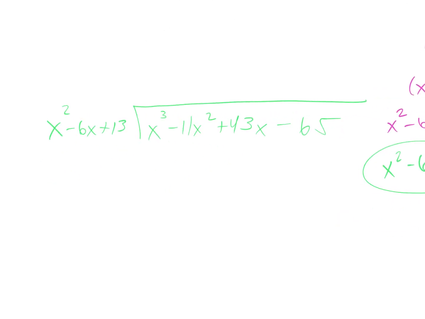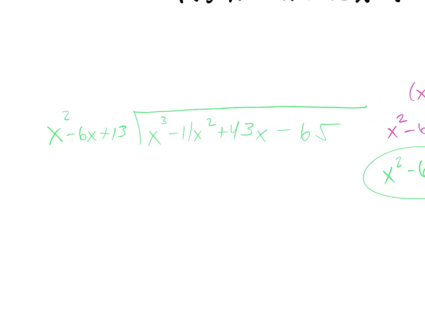And the beauty behind this, guys, is when you do this with this last step of long division, you will not get a remainder. It'll be something nice and pretty. It divides evenly. So first term into first term, x squared into x cubed goes x times.